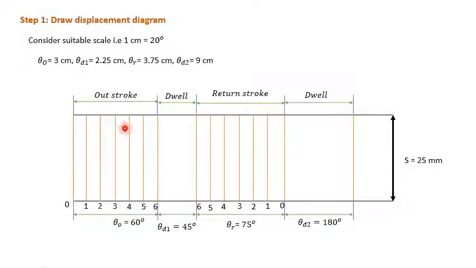Okay, since outstroke is by UARM, identify the middle line. So here 3 is the middle line. Split this middle line into 6 equal parts. Okay, then identify the corners. So since it is outstroke or a rise stroke, it has to rise from 0 to maximum level. Therefore these two are the corner points.